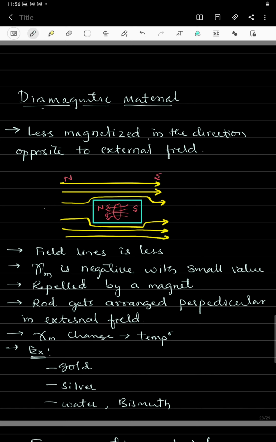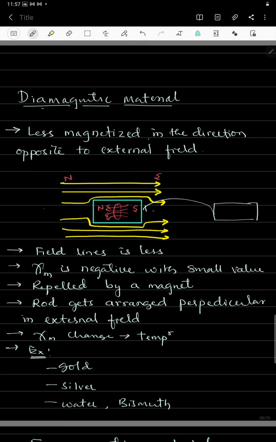If you place a magnetic material into the magnetic field, it is going to be repelled in diamagnetic substances.